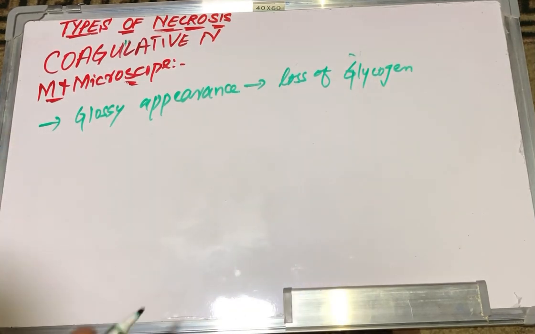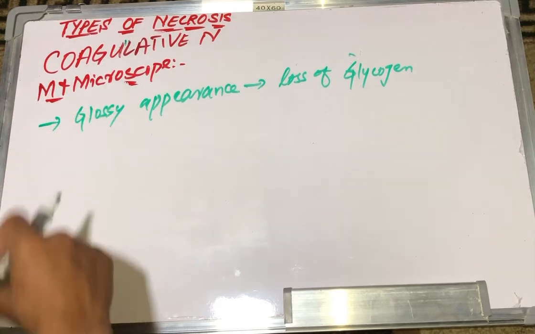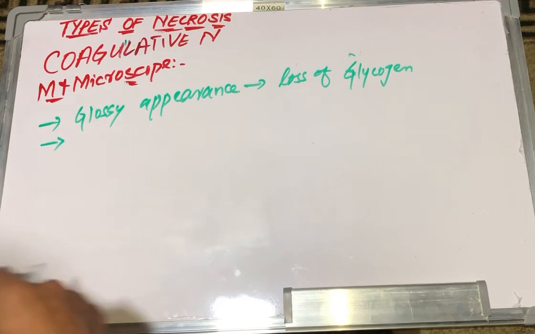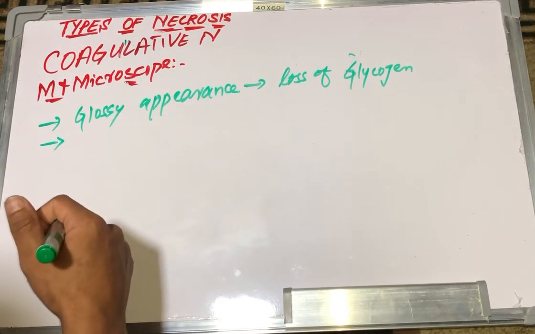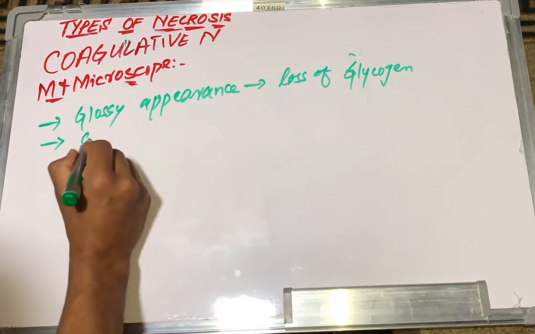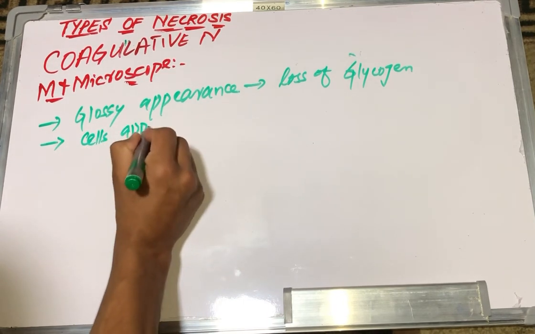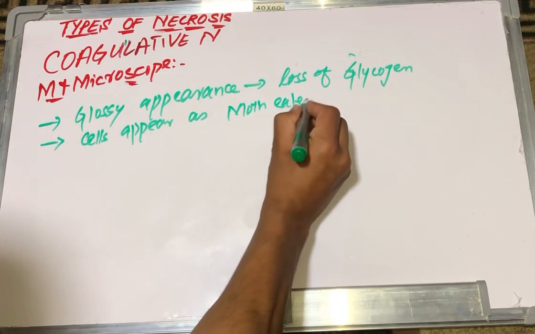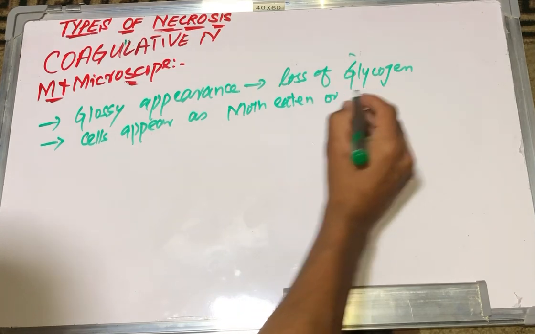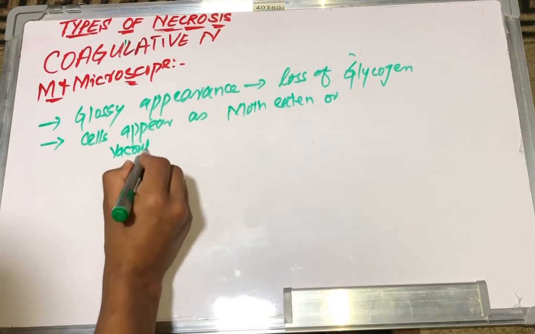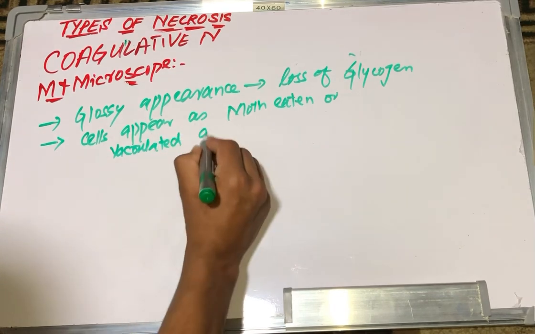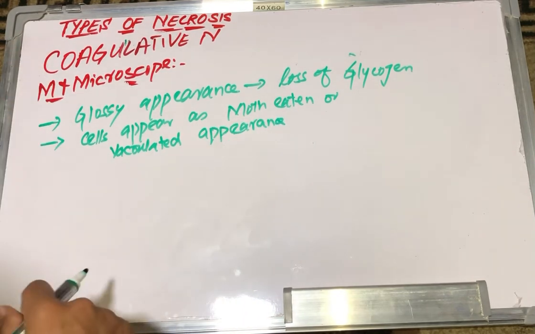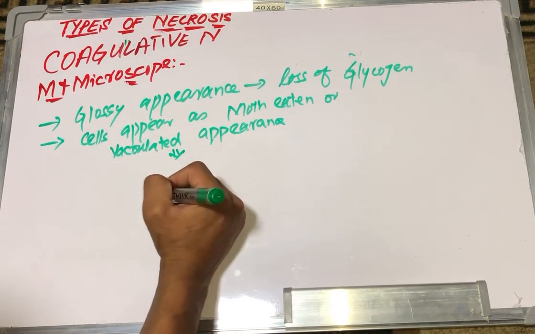When glycogen is removed from the cells, they appear glassy. Under the microscope, the cells also appear moth-eaten or vacuolated. This is why the cells look moth-eaten or vacuolated.